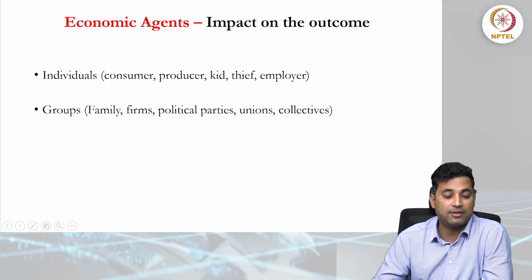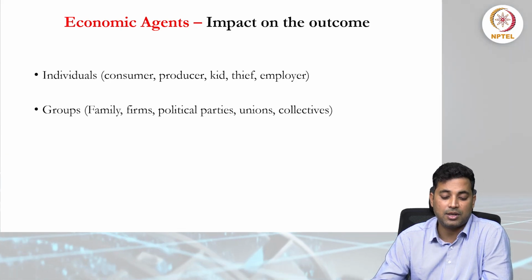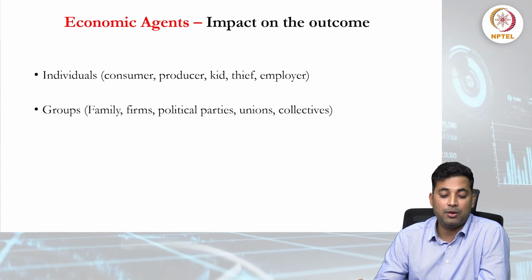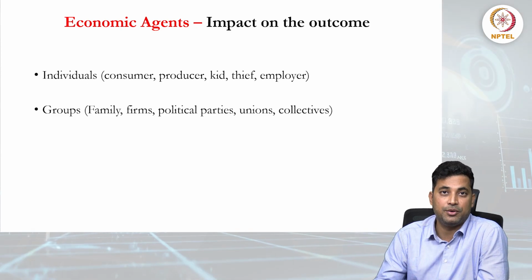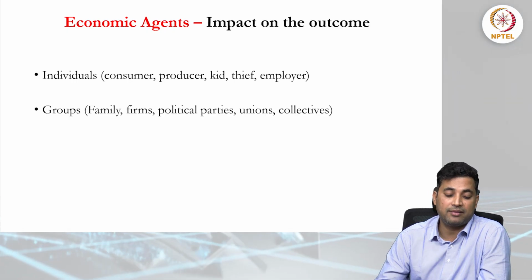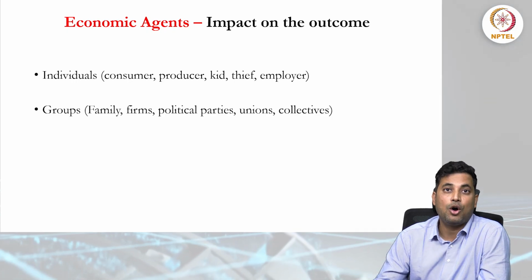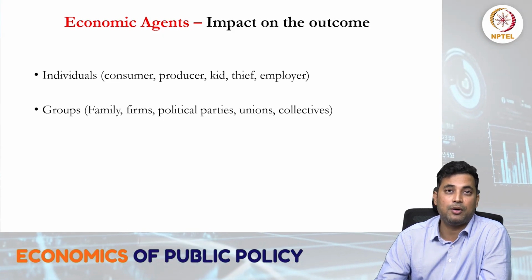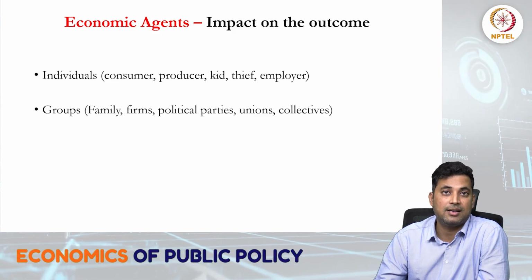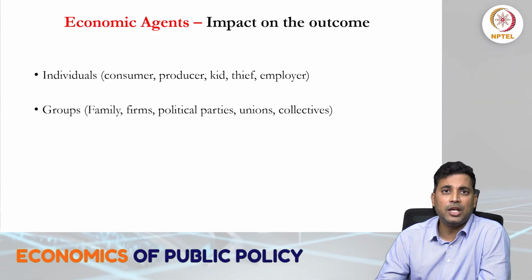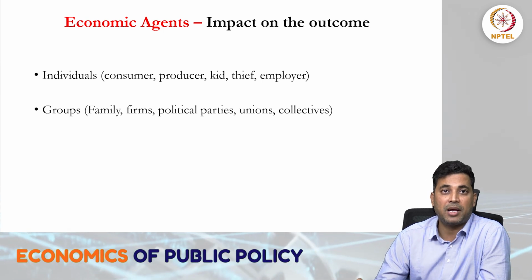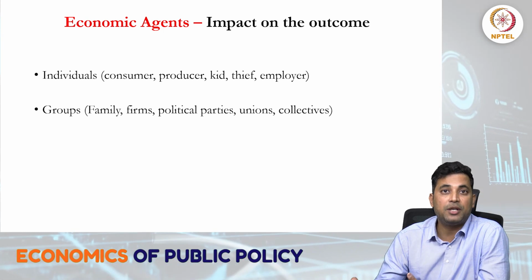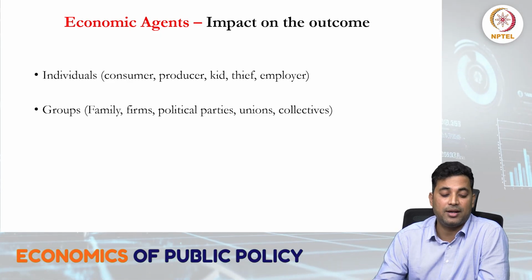As a group also, as a family, as firms, political parties, unions and collectives, they also rationally produce or think, and that's how commodities are produced or policy is framed. Take the example of electoral candidates: when he or she contests, they have to give a manifesto, which includes the policy frame or a particular agenda.